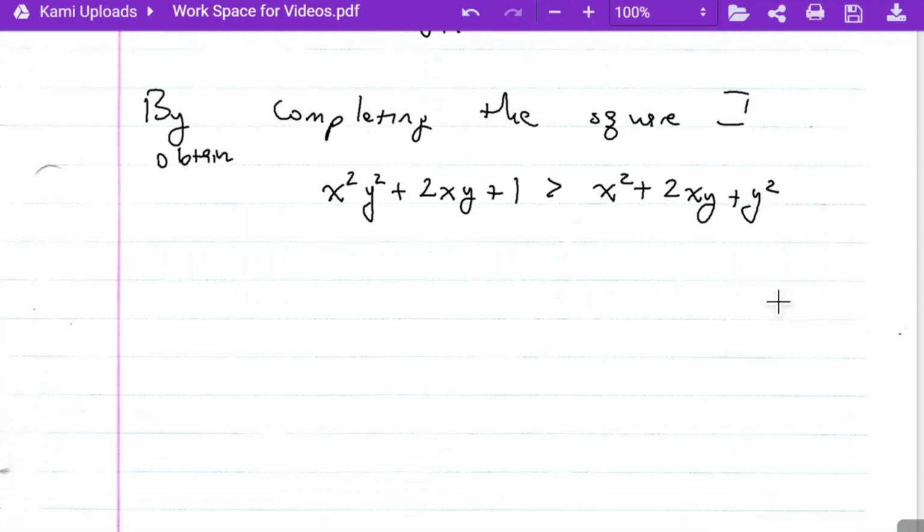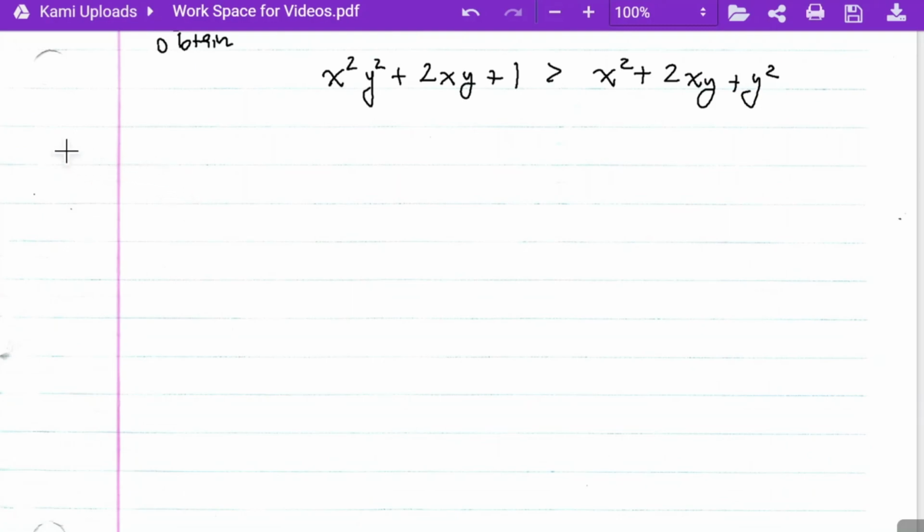And if you're wondering how to complete the square, you can do the scratch work on the side. So I'll separate this and put the scratch work on the side.